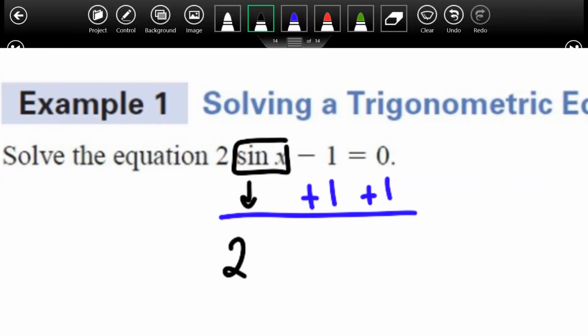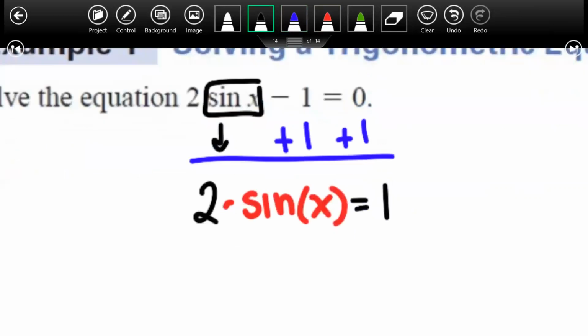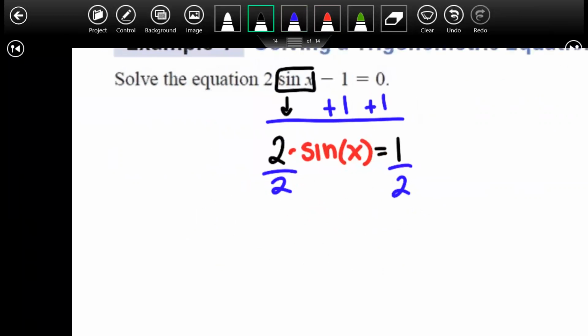So we're going to get 2 times sine of x is equal to 1. And then what's my last step here? Divide by 2. Now, this is kind of the big finish for this. Sine of x is equal to 1/2.